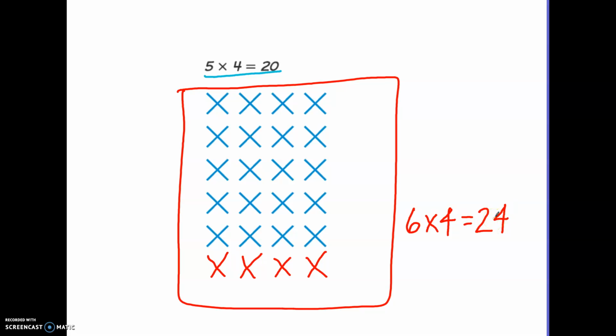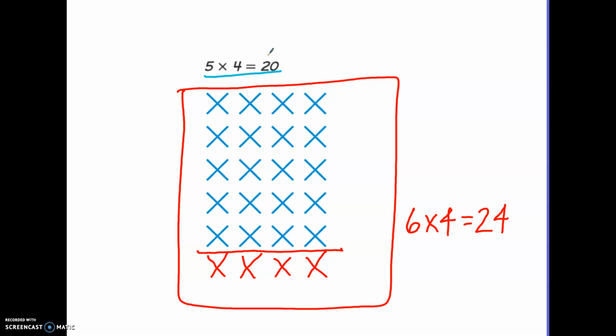24. Now here's a really cool thing about when we use the strategy add a row. So I have made my original array for 5 times 4. But I'm going to add another row, which I did with my 4 red X's.